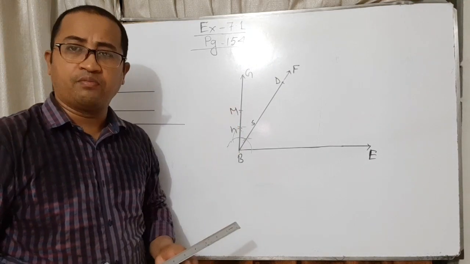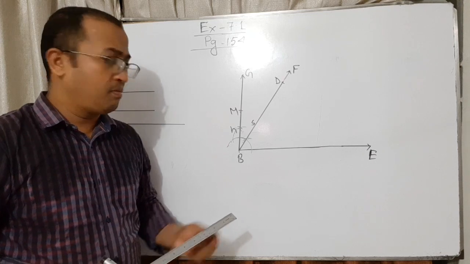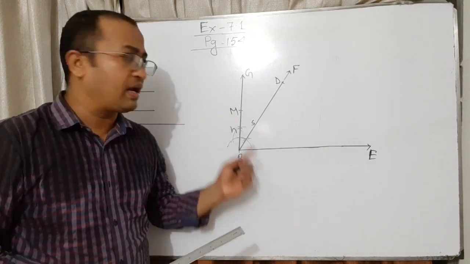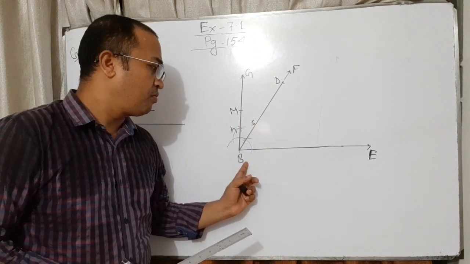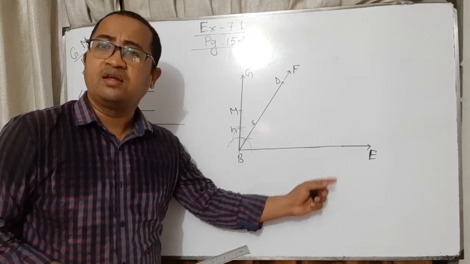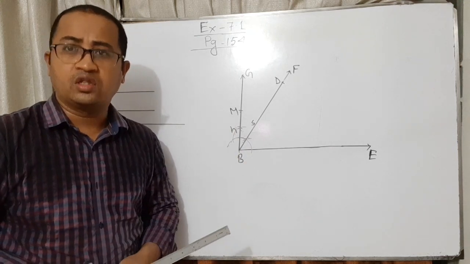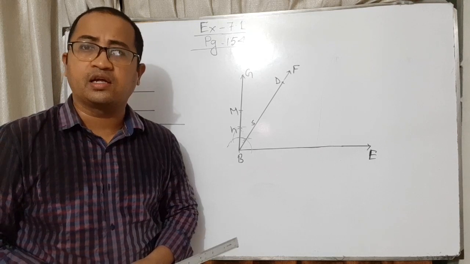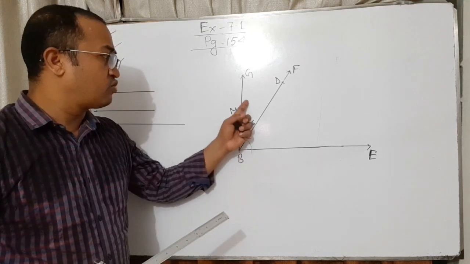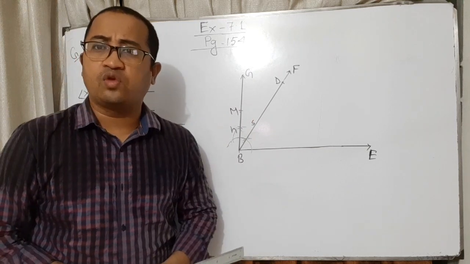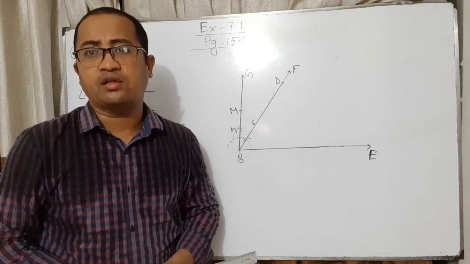Now at the point M, we draw a parallel line MN to BE. And how do you draw a parallel? Just now I have told you the alternate angle or the corresponding angle should be equal. If I make two corresponding angles equal, automatically these two lines will be parallel to each other.